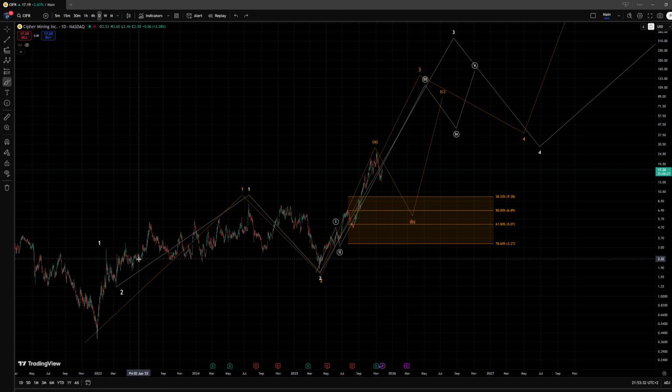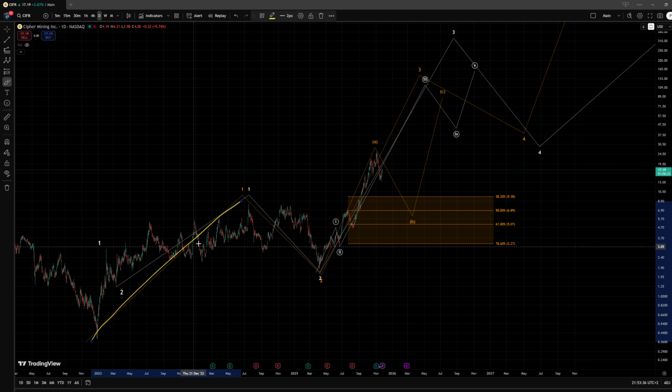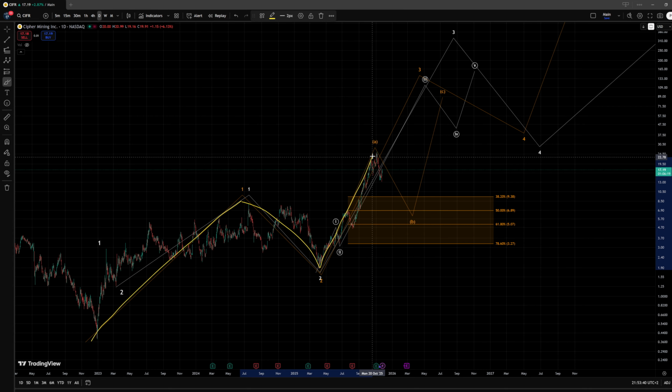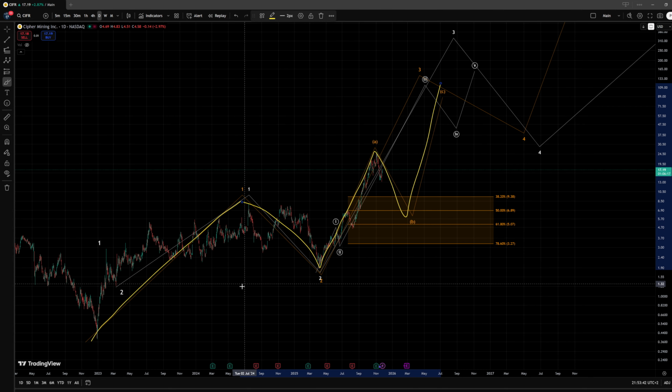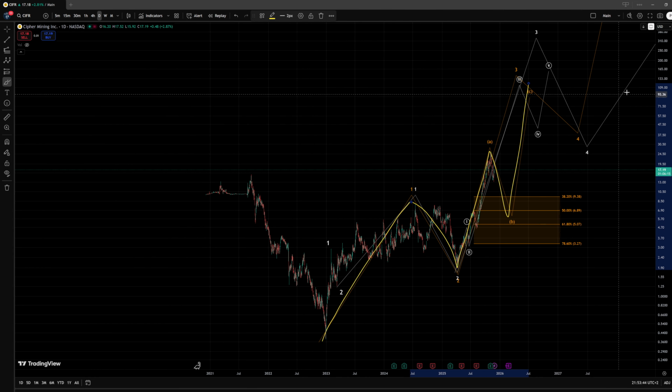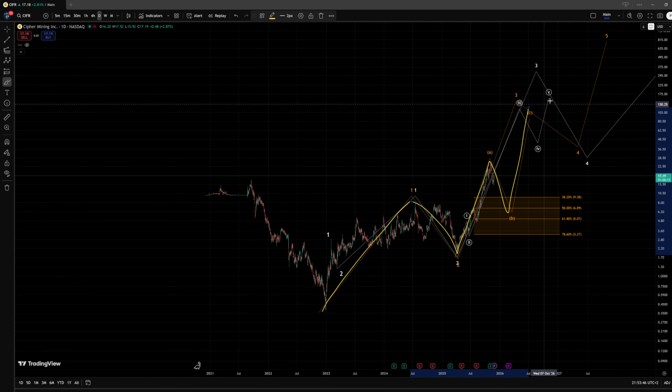But we also have the orange scenario in which we have a larger singular wave 1 to the upside, a wave 2 correction, and then here we have an ABC pattern that we are tracking instead, as we are tracking a larger leading diagonal to the upside.